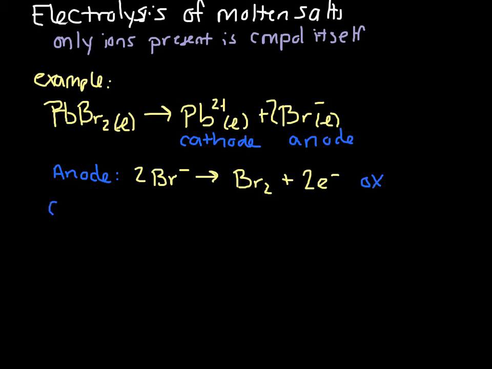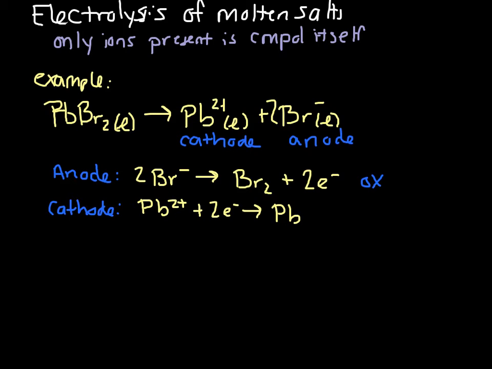At the cathode, we are going to have lead moving towards there. Lead is going to be accepting 2 electrons in order to balance its charge. And that's going to create lead in its neutral state.